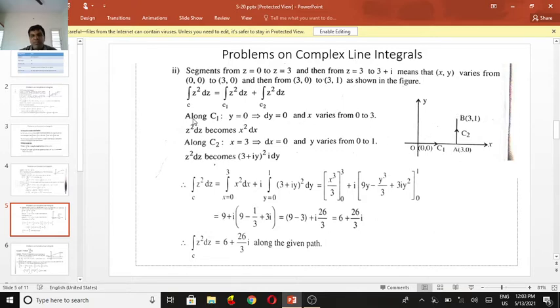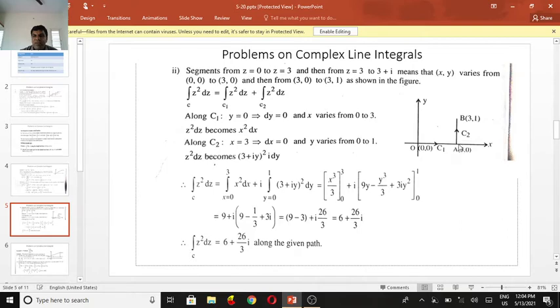Along the line C1, along the x-axis, the y term is 0, so its derivative is also 0. So x varies from 0 to 3. So this z in x form, z square becomes x square dx.